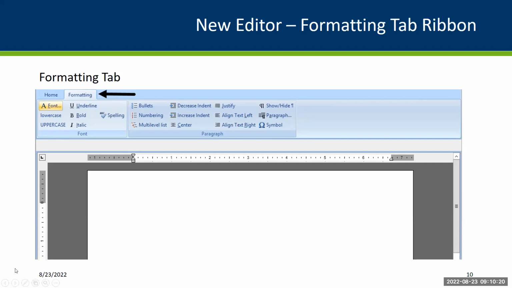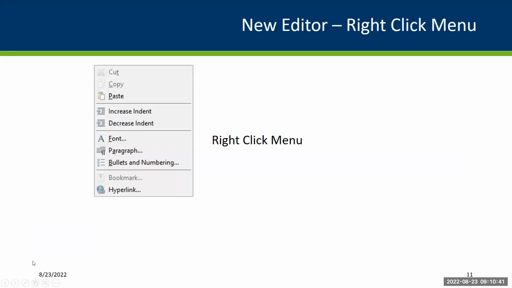Additional options on the formatting tab include spell check, bullets and numbering, alignment options, paragraph, show formatting options, which is helpful when you're trying to problem solve issues. Why are things looking a certain way? As well as the symbol button, which is used for various symbols, accent characters that may not be found on standard keyboards. Next slide.